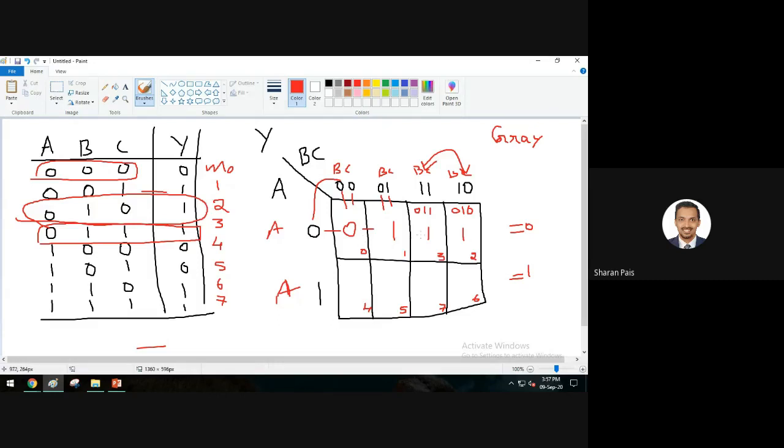Then 0, 1, 1, 1. Then the fourth value is 0. The fifth value is 0. The sixth value is 1. And the seventh value is 1. This is the three variable K map. Fine. Three variable K map.